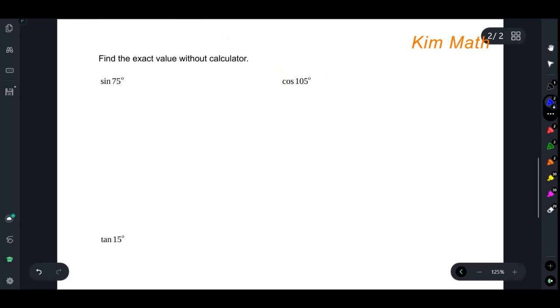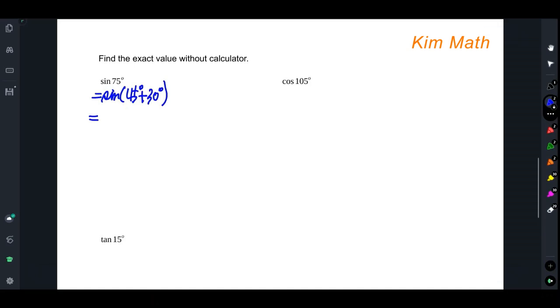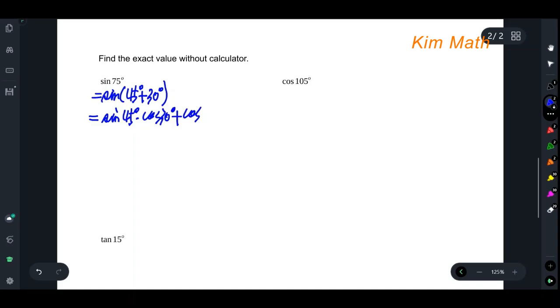Here, sine 75 degrees. Wow, 75 is not a special angle, but we can rewrite this as a sum of 2 special angles, right? 45 degrees plus 30 degrees. So this is not sine 45 plus sine 30. We must use the sum identity, which is sine 45 degrees times cosine 30 plus cosine 45 degrees times sine 30 degrees.